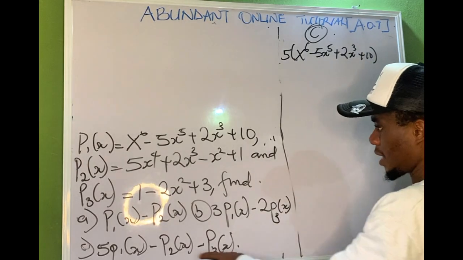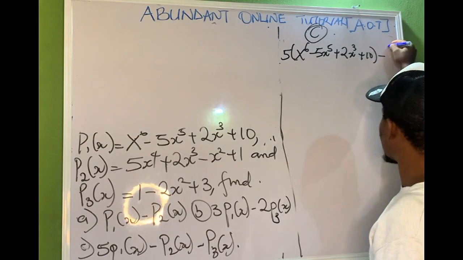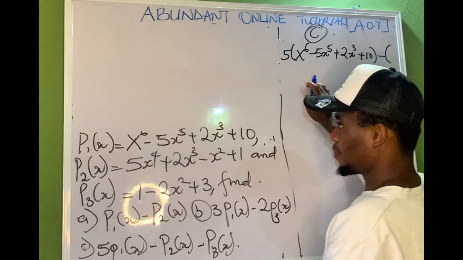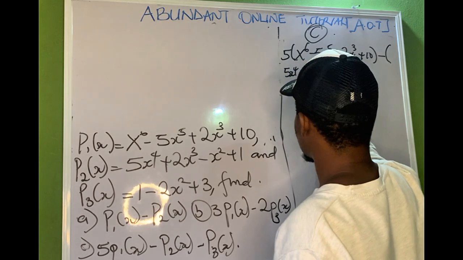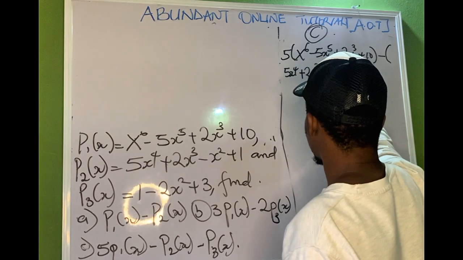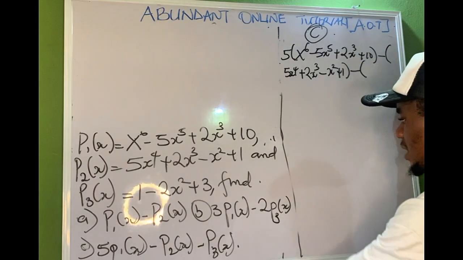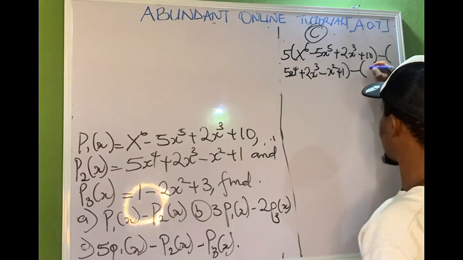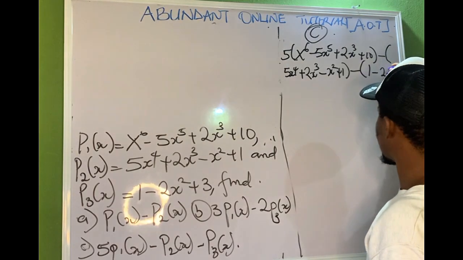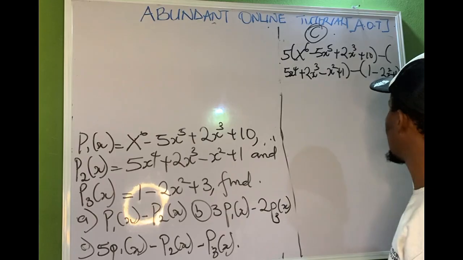Then my p2 is 5x^4 plus 2x cubed minus x squared plus 1, close bracket, put my minus sign, open bracket again. My p3 is just 1 minus 2x squared plus 3, close your bracket, plus 3.